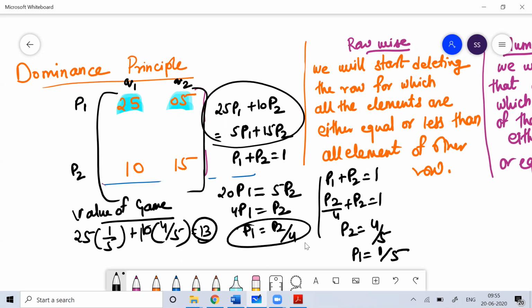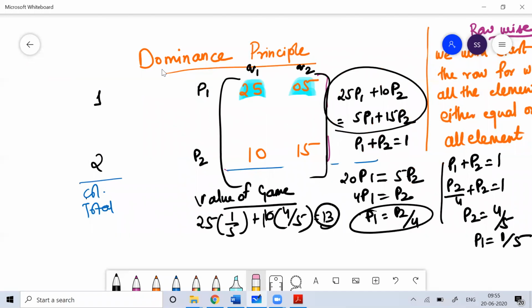So the final thing you have to write is the value of game. So the value of game is equal to 13. So this much you have to do for this question. If you want, you can do it in terms of Q1, Q2 also. I don't think anyone has any doubt on Q1 and Q2. So you can do the same problem with respect to Q1, Q2.